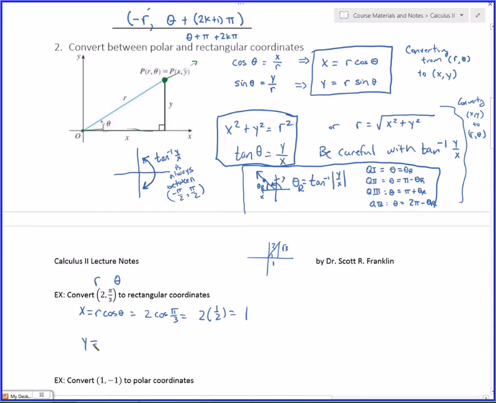And then y equals r sine theta. 2 sine pi over 3, that's 2 times the square root of 3 over 2, which is square root of 3. So my coordinates in xy form are (1, square root of 3). Easy peasy.